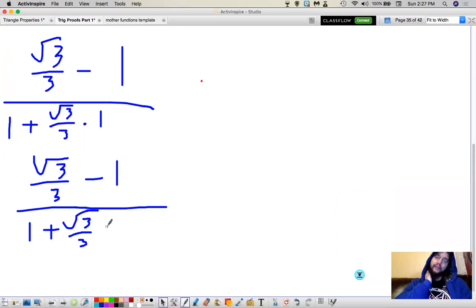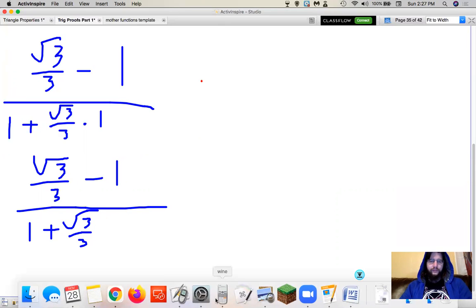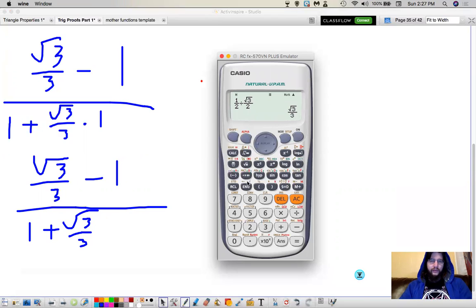Future classes there, you're probably going to do the algebra by hand, so let's do that now. From here, typing in the calculator will be done. So we just have square root of 3 over 3 minus 1 plus square root of 3 over 3. And that's negative 2 plus square root of 3.